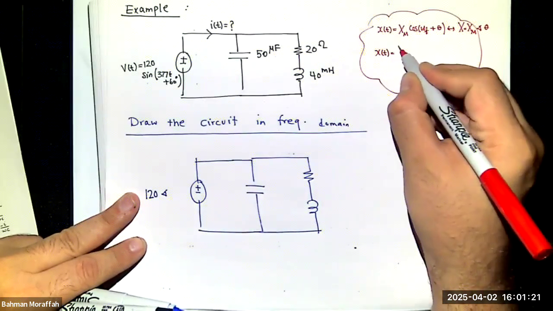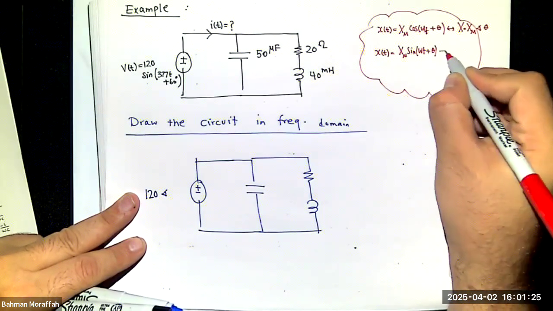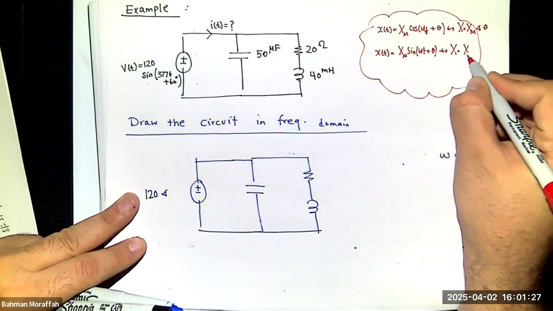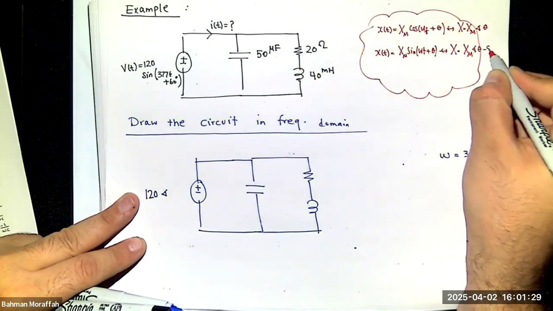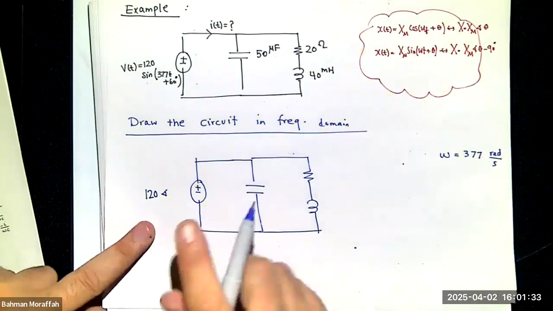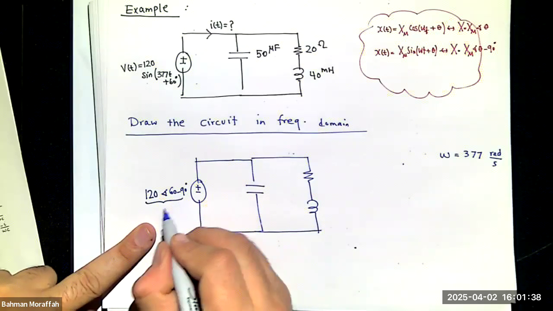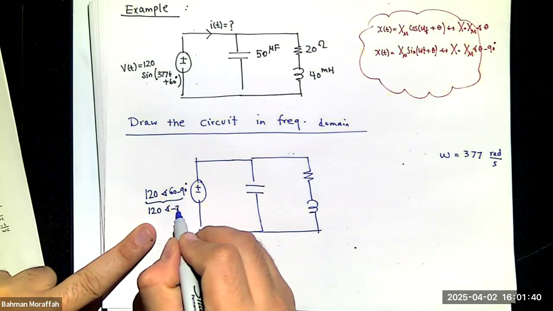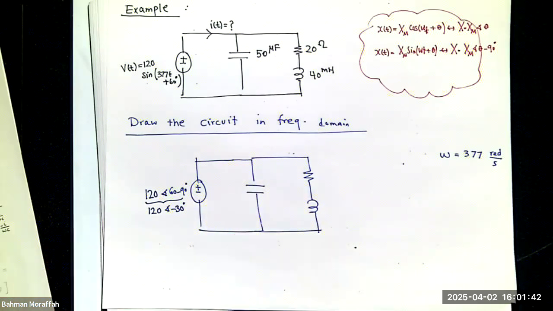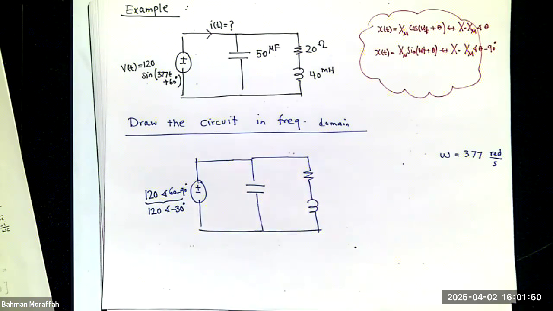If x of t is xm sine omega t plus theta, the phasor representation X is xm with phase theta minus 90 degrees. So what is it over here then? That's 60 minus 90, which is 120 with negative 30. Yes? We're good?